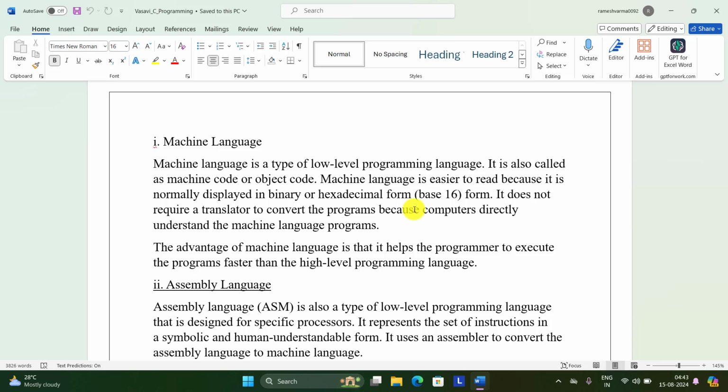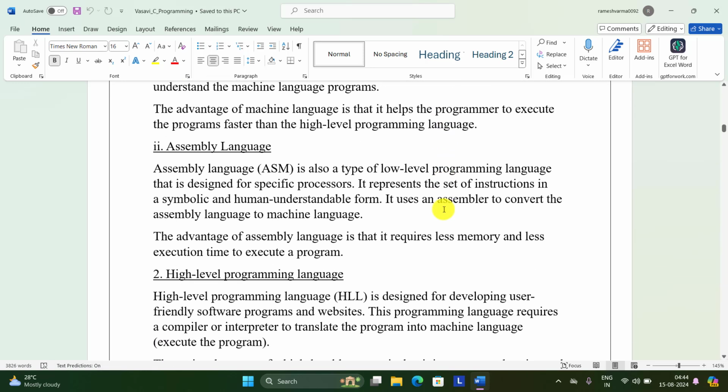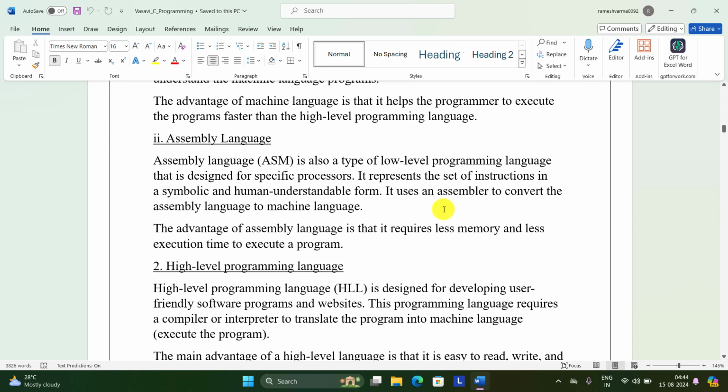So, but the problem is the conversion of everything into binary makes programming more difficult. So there is a need of some level of abstraction over here. So then comes another programming language called assembly language. So assembly language is also a type of a low level programming language only, but the thing is it is designed for specific purposes.